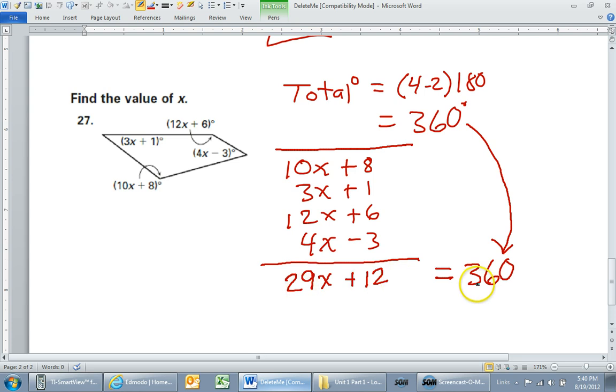So then it's just a matter of solving this equation. I am going to subtract 12 from both sides. That's going to give me 29x is equal to 348.